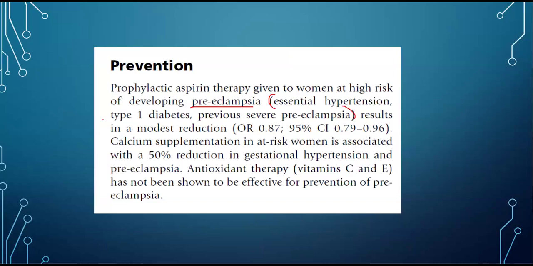For the high risk patient, you can give them prophylactic aspirin and it can reduce the risk of preeclampsia. Calcium supplementation can reduce the risk of gestational hypertension and preeclampsia. Okay, so either calcium or aspirin, these two are good for prevention of preeclampsia in a high risk patient.